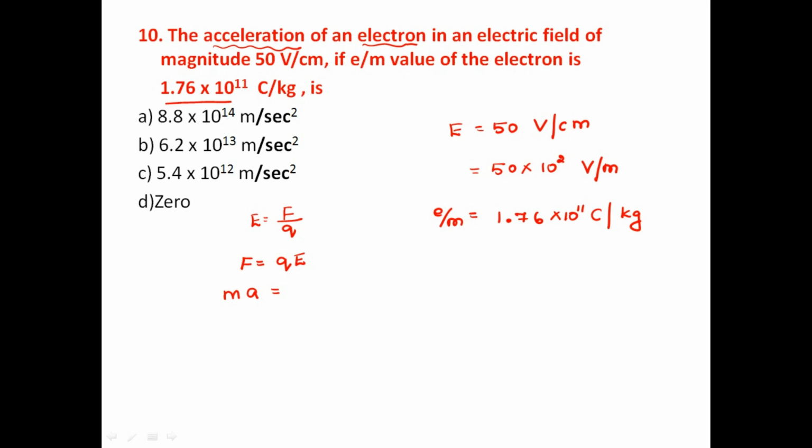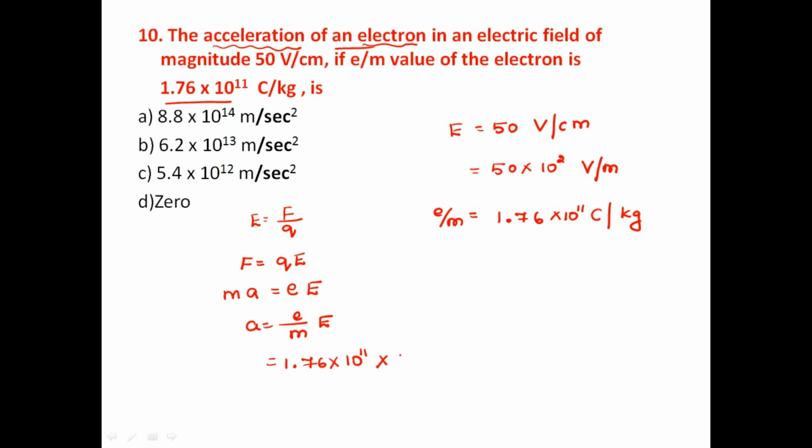What is the value of q here? It is nothing but e, because it is the charge of an electron. One electron it is, that is why it is e into capital E. Acceleration is equal to e by m into E. What is e by m value? It is 1.76 into 10 to the power of 11.